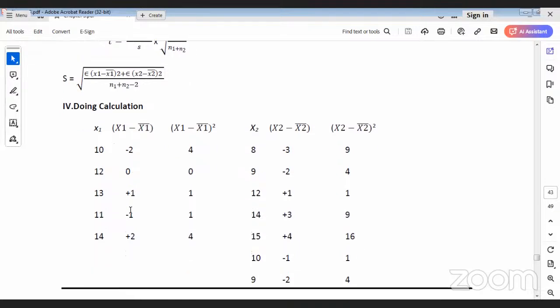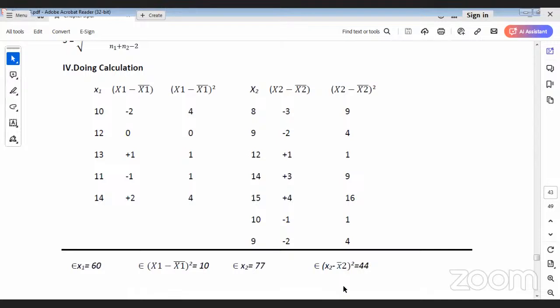So doing calculation, x1 values ఇలా రాసుకున్నాం. So these are the x1 values and x2 values.